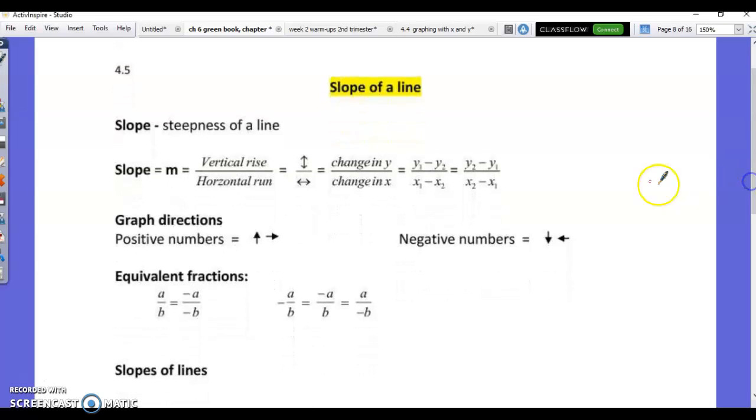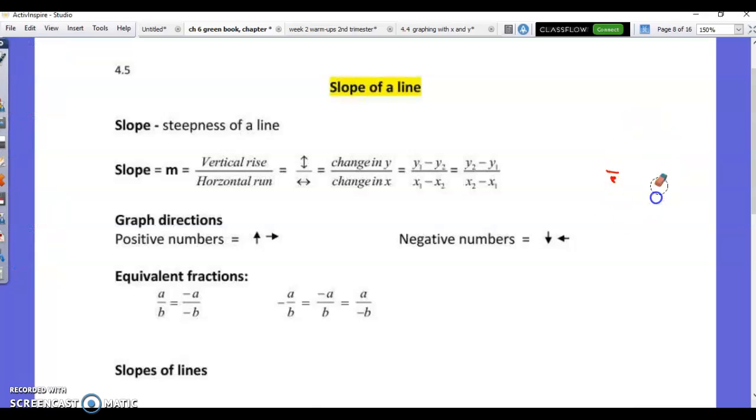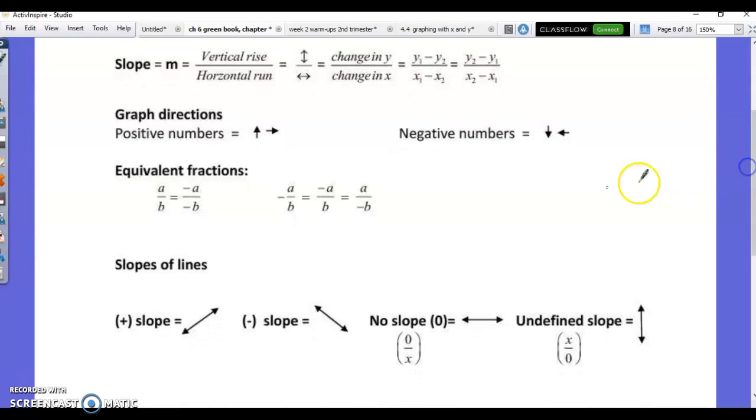If we start at the origin right here, negative numbers are this way and down, positive are up and to the right. So you can kind of think of it that way. But that'll come into play as well because we have to make sure we indicate our values when we are talking about the slope.